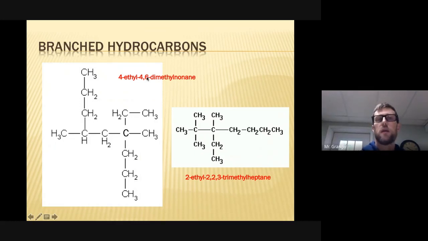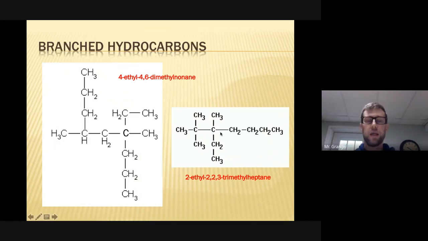And then because there's 2 of those, we use this small prefix after the 6, which is di. Di, of course, meaning 2. So there are 2 methyl groups, one at carbon 4 and one at carbon 6. And then the ethyl group is named for its branch, which is off of carbon 4. That gives us 4-ethyl, 4,6-dimethyl nonane.